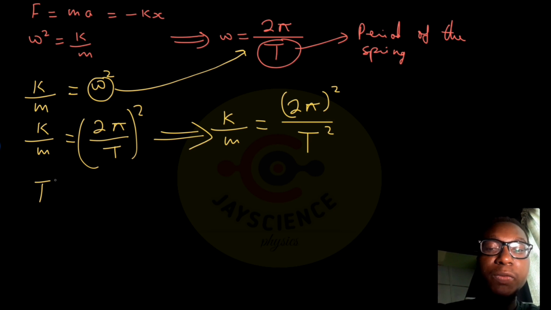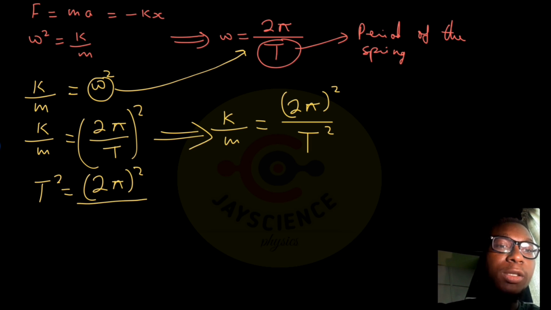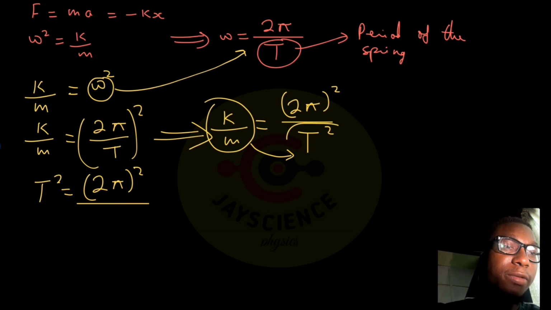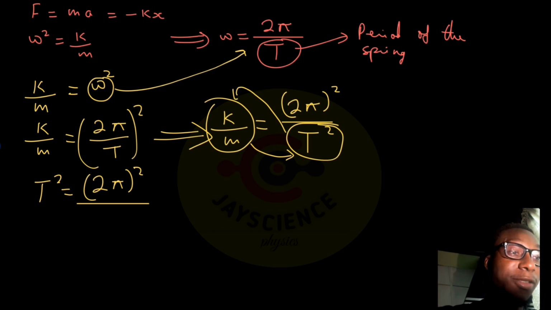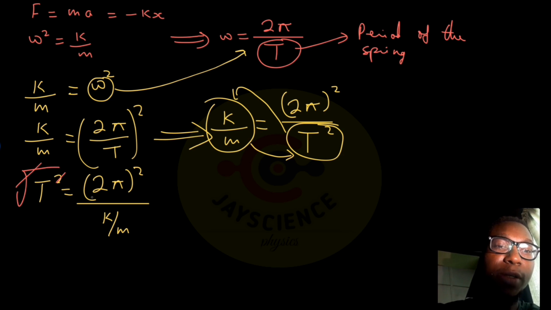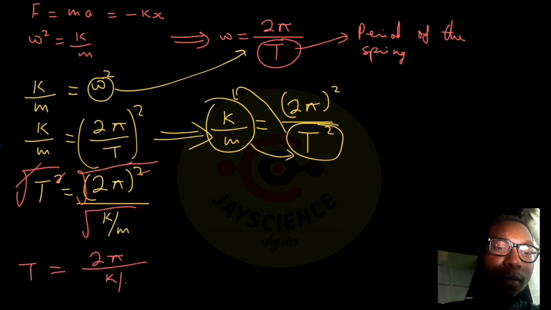We make T squared the subject of the formula. If you square both sides, the square cancels the square root, and you're left with T, the period, equal to 2 pi over the square root of k over m.